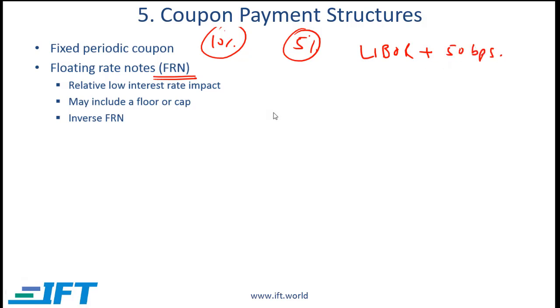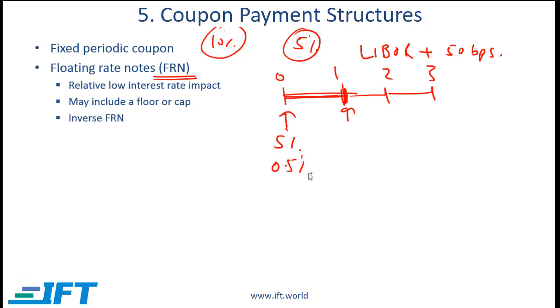If this is a 3-year bond, and let's say it is an annual pay bond, so we have 0, 1, 2, 3, the payment made at the end of every period is based on LIBOR at the start of the period plus 50 basis points. If LIBOR here is 5%, then we add the 50 basis points. 50 basis points means 0.5%.